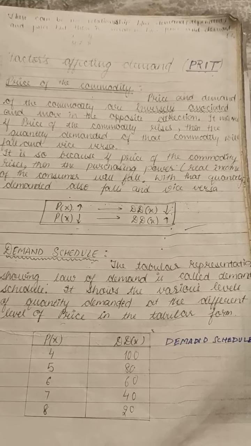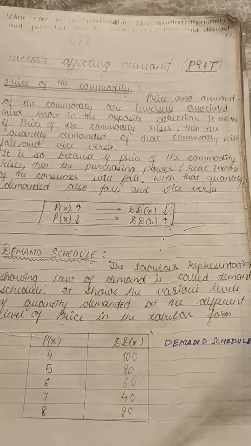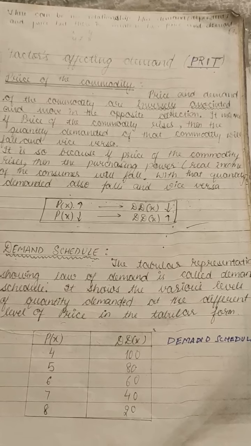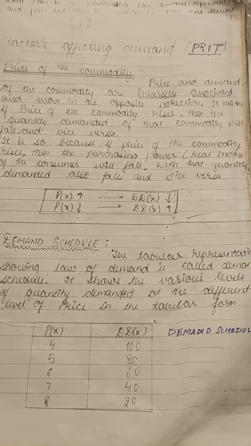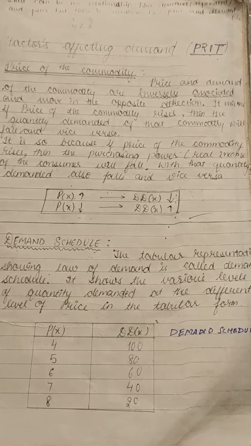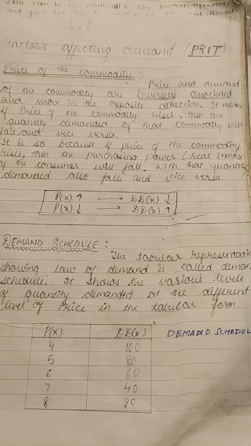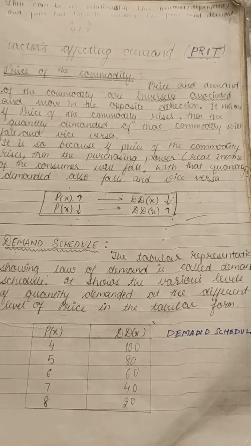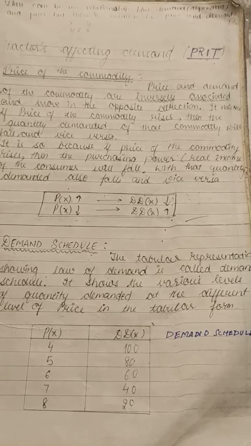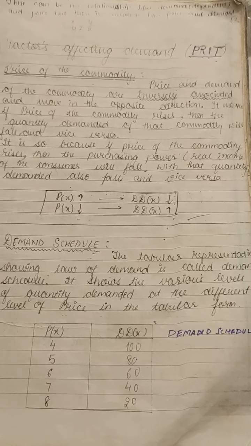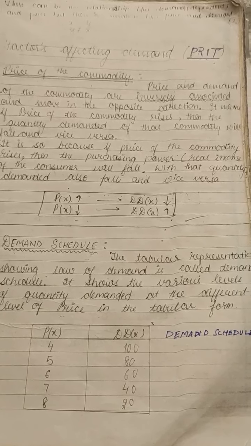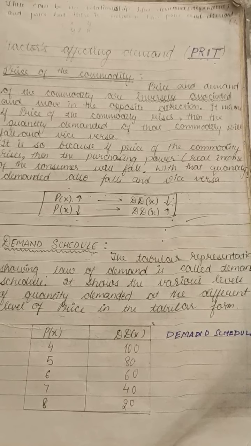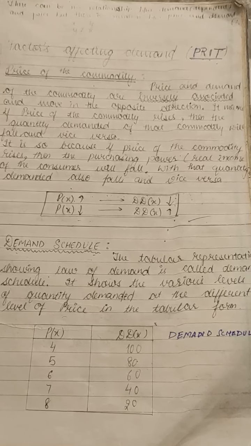At price of rupees 8, 20 units of a commodity are demanded. In this demand schedule, you can clearly see as the price of the commodity rises, the demand of that particular commodity falls. This is how the relationship is there between the price of the commodity and demand of the commodity.